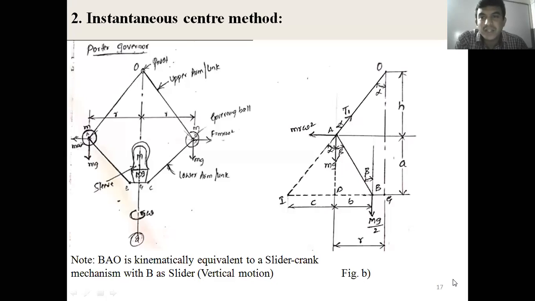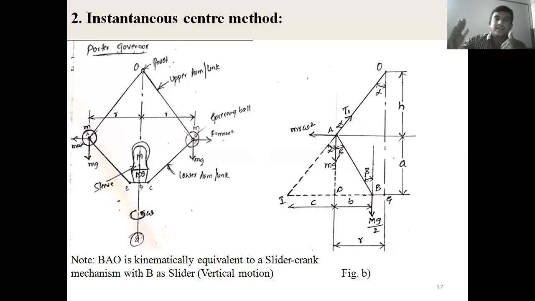The second method is the instantaneous center method. As you know, instantaneous means at a particular time. So what will be the position of the link or the mechanism at that time, and if you consider any part of the mechanism, you can see what the center is at that particular time.